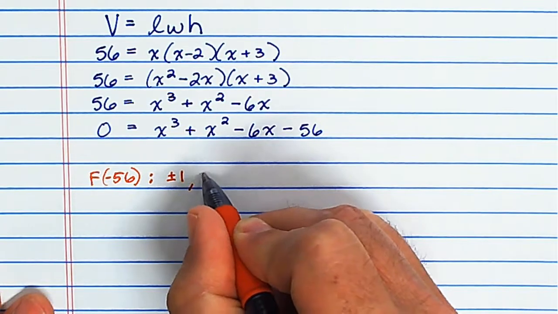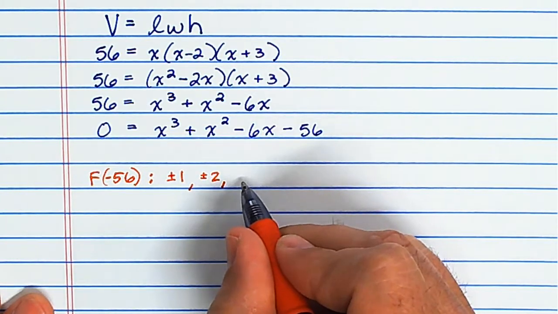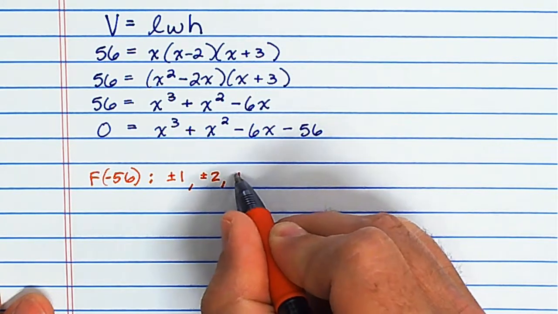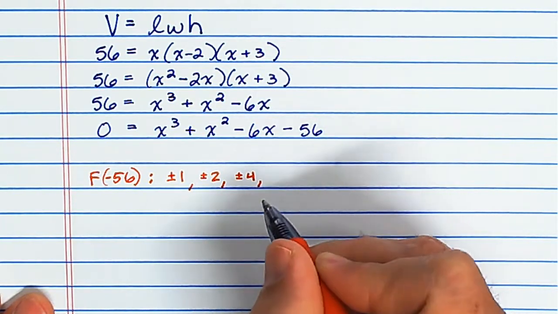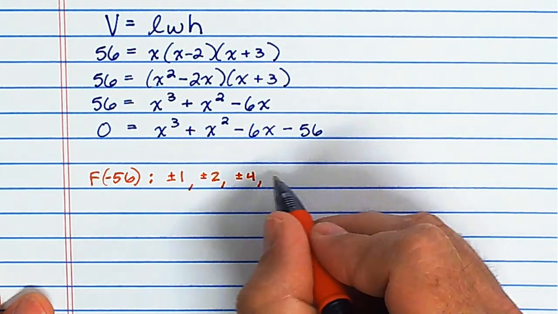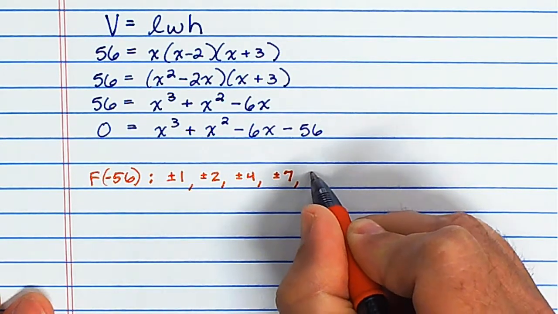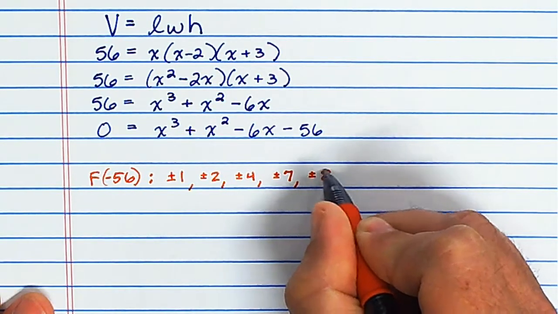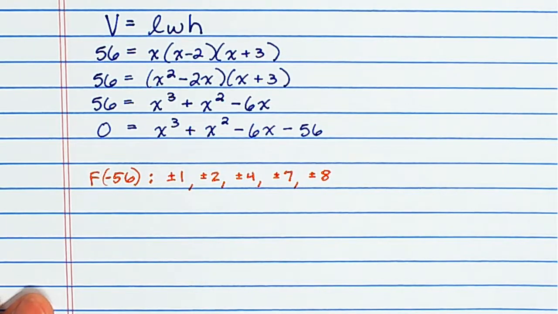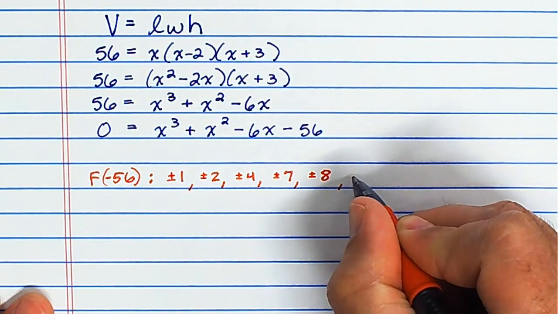1 goes into 56, 2 goes into 56, 3 does not, 4 goes into 56, 5 does not, 6 does not, 7, I believe 7 times 8, right? 7 times 8 would work. 9 does not, 10 does not, 11 does not, 12 does not, 13 does not, 14 does.